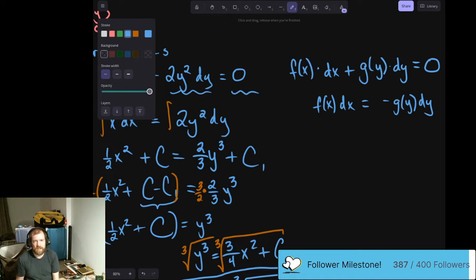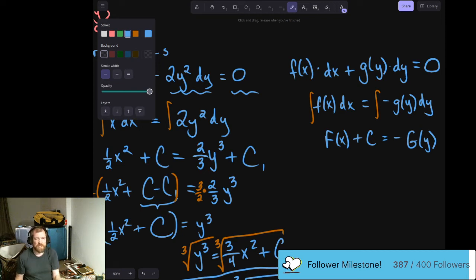Move it to the other side, and then take the antiderivative of both sides. Antiderivative of f of x is capital F of x plus c is equal to negative capital G of y. Again, our c's will combine in some way, shape, or form.